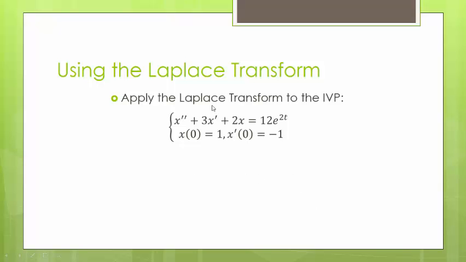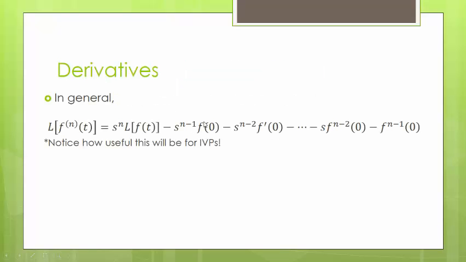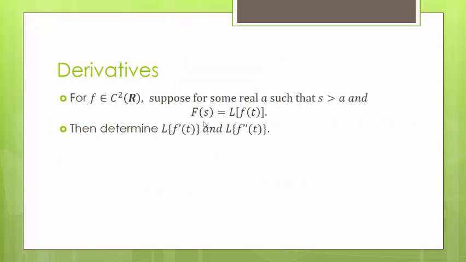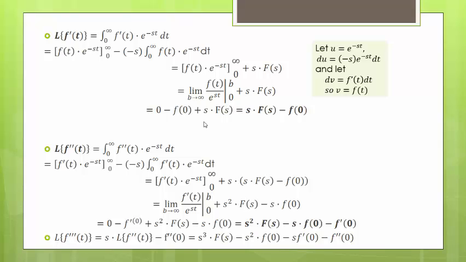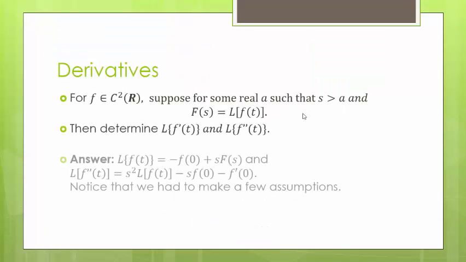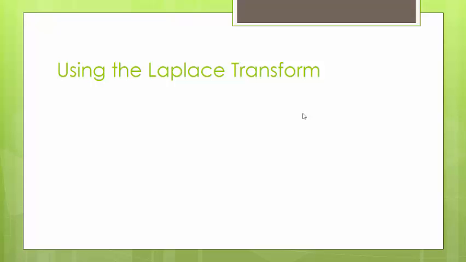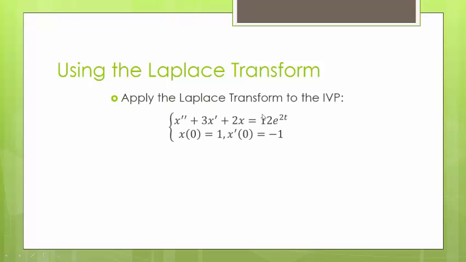Because you have a 3, you'll keep your constant, and the Laplace transform of x prime will be s times the Laplace transform of x minus x of 0. So you will substitute that in. You can distribute the 3, combine like terms with your previous term, and your last term here, the 2x, will simply be 2 times the Laplace transform of x.